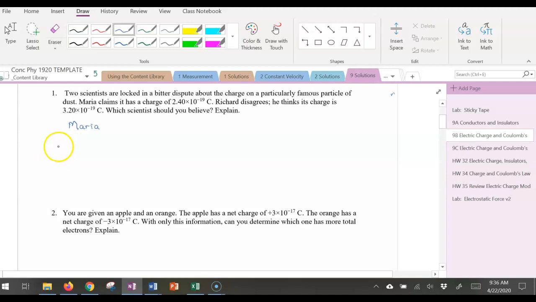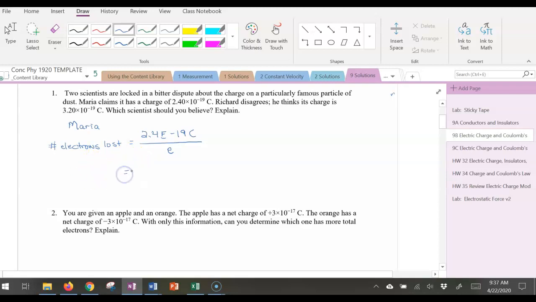So that must mean that the number of electrons it has lost would be that charge. And I said lost because she thinks it has a positive charge.